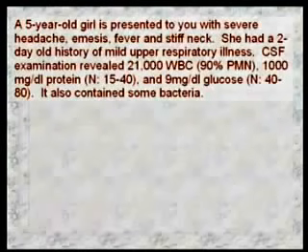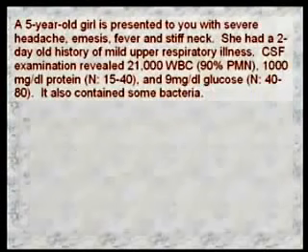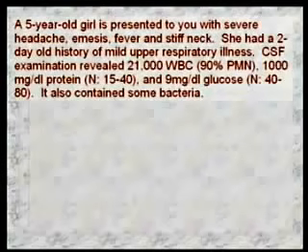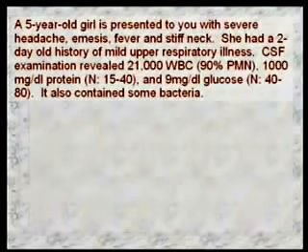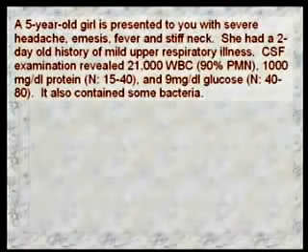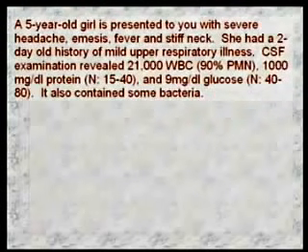Only 2 days. That's an important point to remember, because the disease progresses very, very quickly. CSF examination revealed increased WBC, and most of them are PMNs. So there is a sign of meningitis, right away, within 2 days.